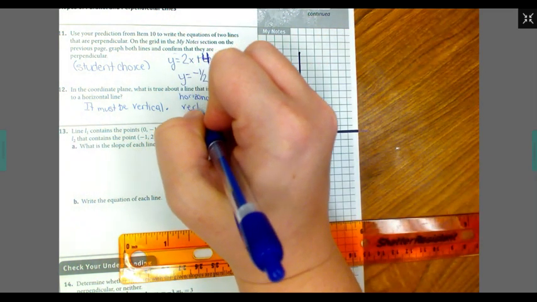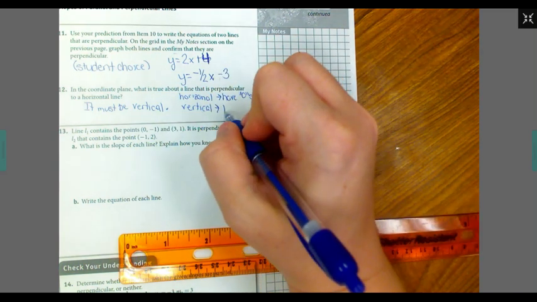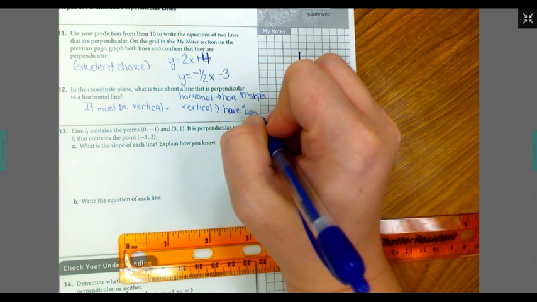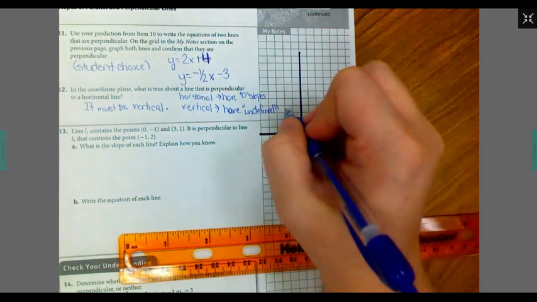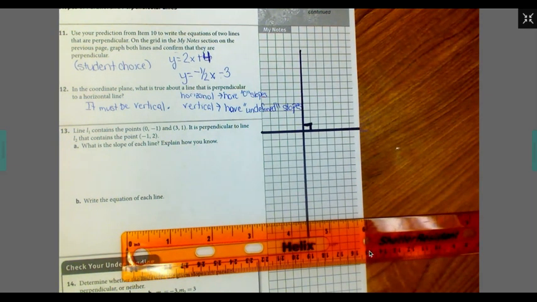And vertical lines have undefined slopes. On to the next set of questions.